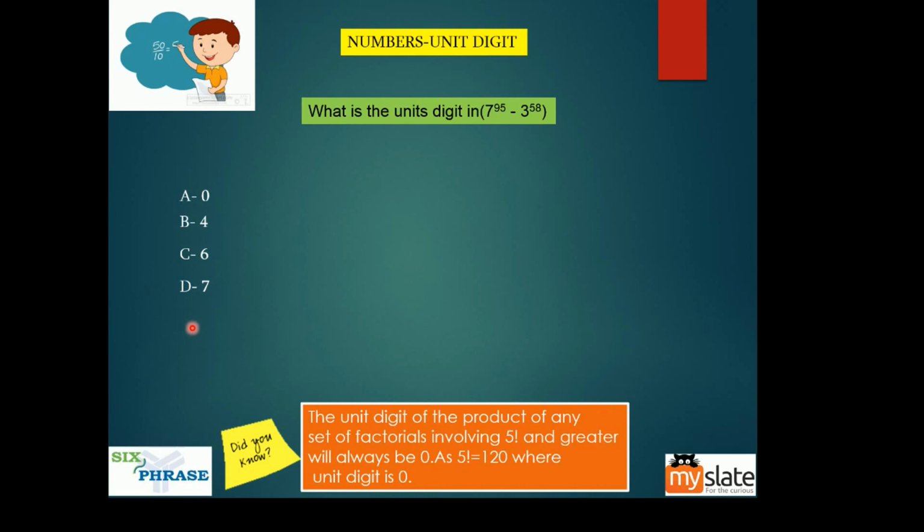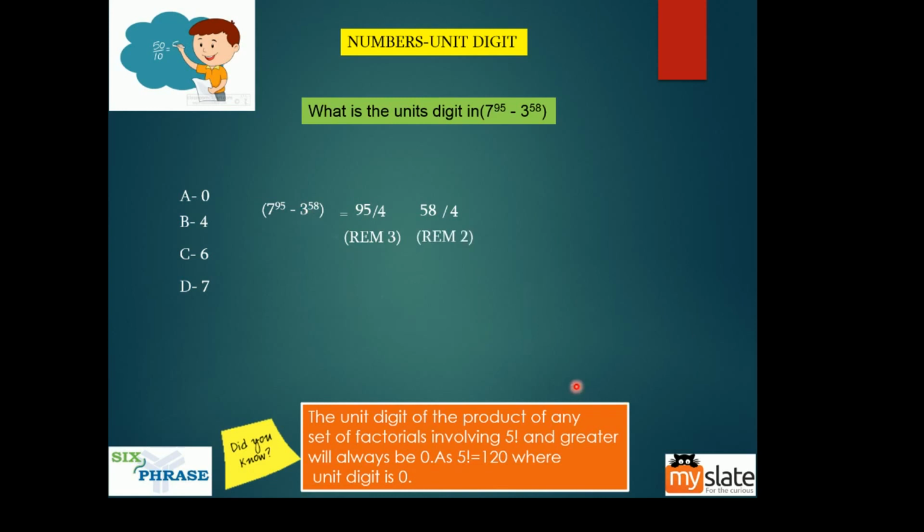Okay, 7^95 minus 3^58 gives you, now take the power. Because it is 7, the cyclicity is 4, so you divide it by 4, you get a remainder of 3. So here the power is 58, so take that 58 divided by 4, because for 3 the cyclicity is again 4. So you get a remainder of 2.